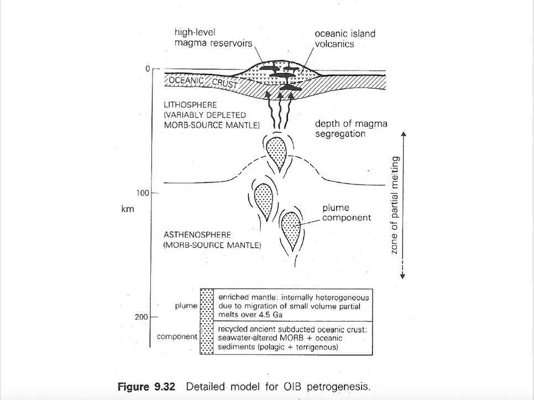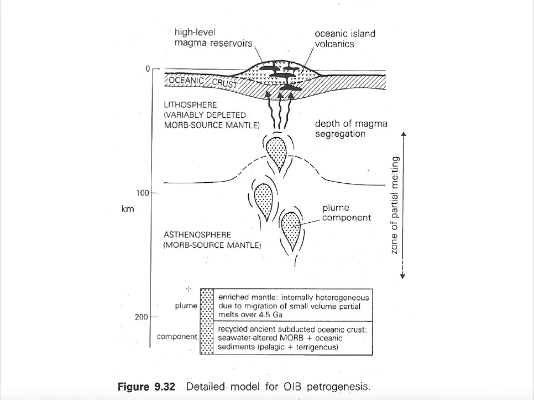Then we have an enriched plume component, which is internally very heterogeneous due to the migration of small volumes of partial melts over the last 4.5 billion years.